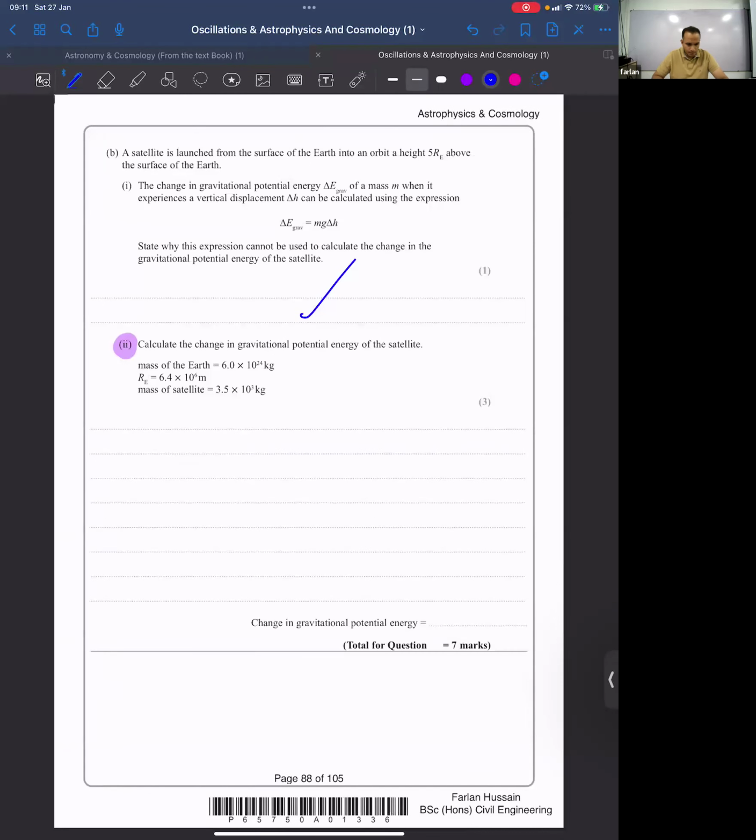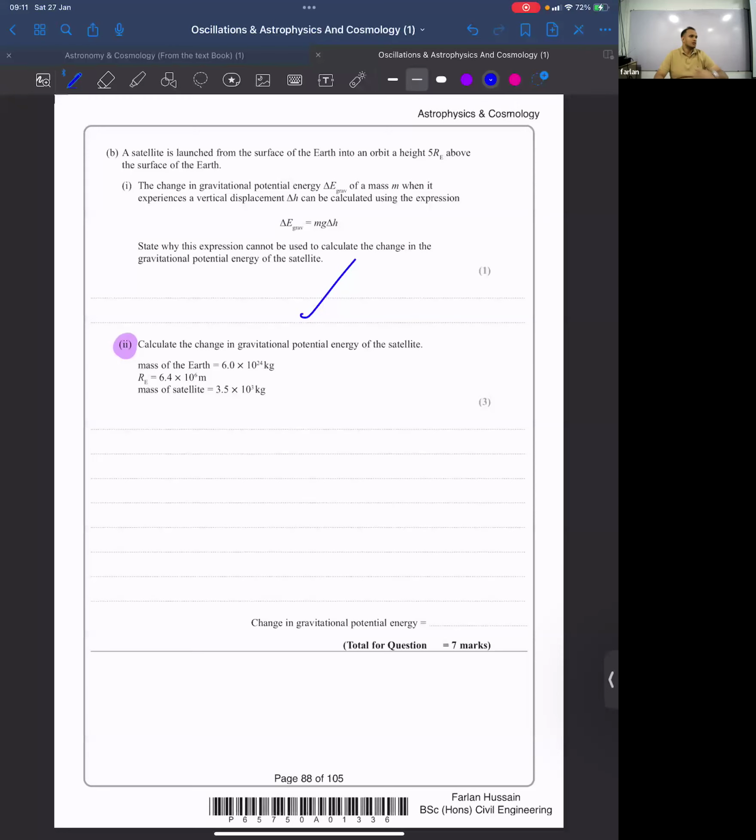The change in gravitational potential energy of a mass m when it experiences a vertical displacement delta h can be calculated using the expression mg delta h. State why this expression cannot be used to calculate the change in gravitational potential energy of the satellite.